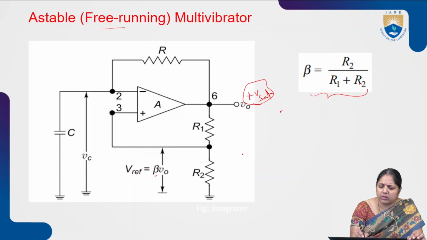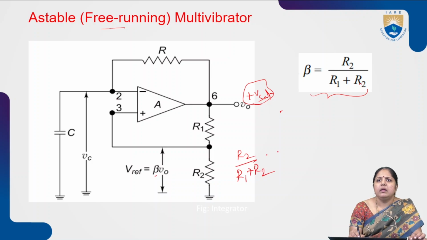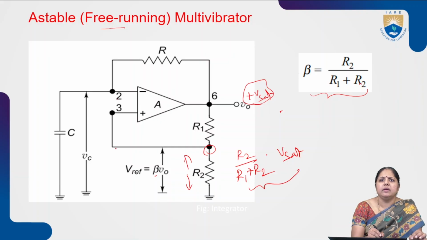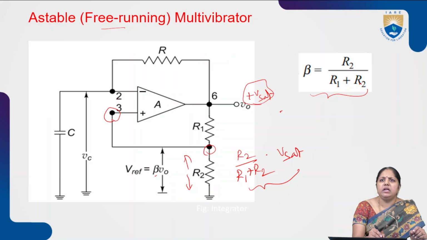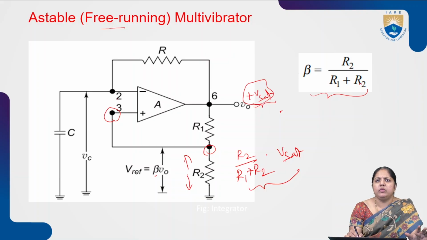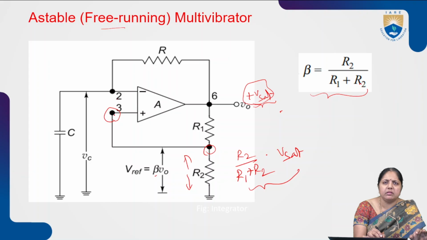The voltage across R2 is R2 by R1 plus R2 into plus Vsat. This is the voltage at the non-inverting terminal of the op-amp when V0 is plus Vsat. This is the voltage at 3.